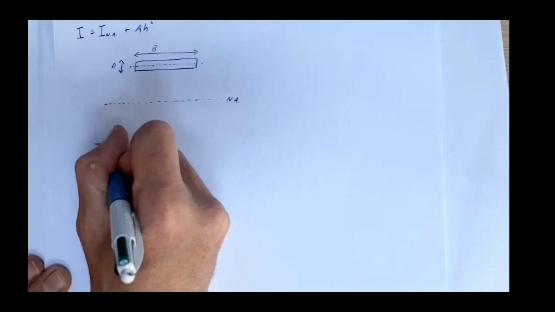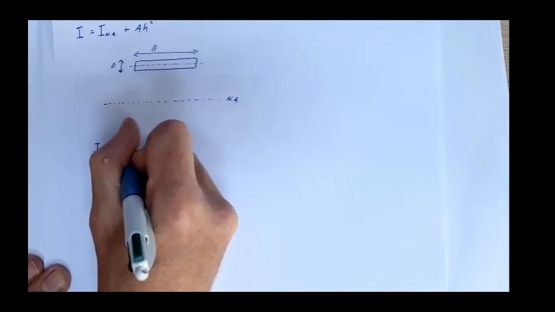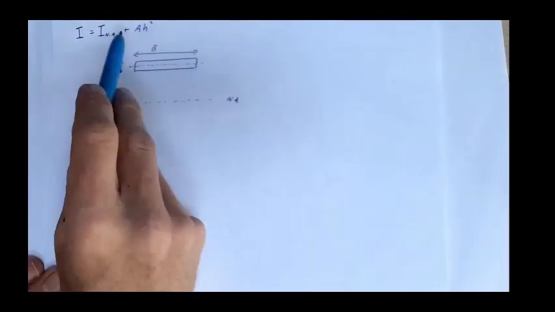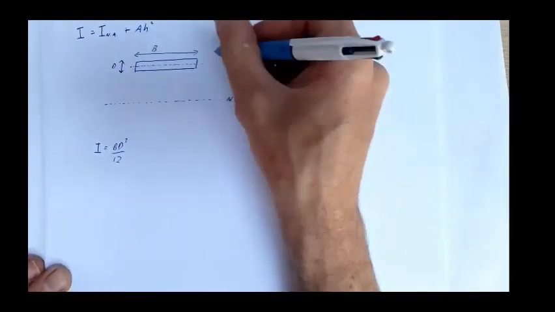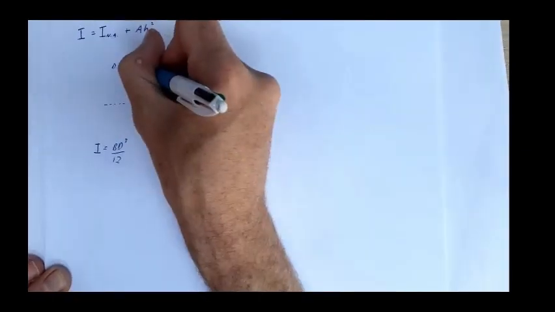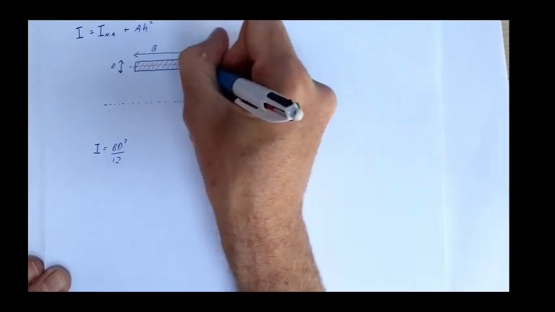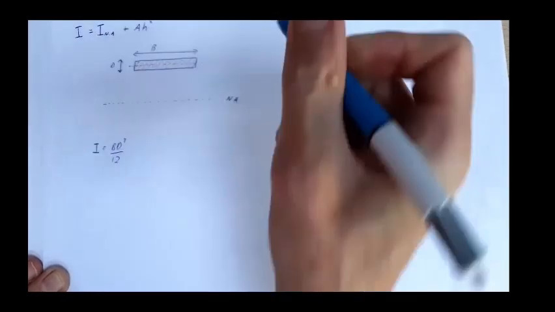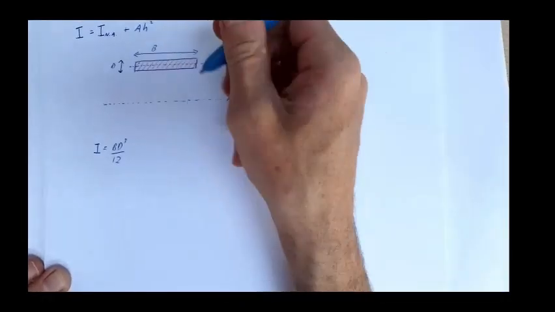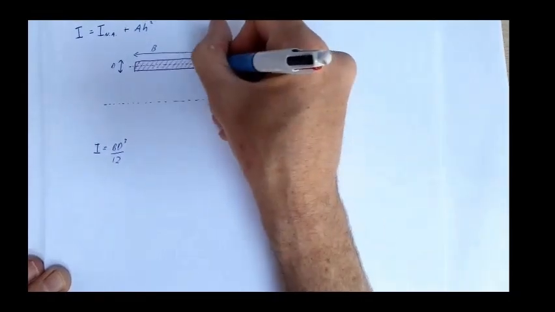So I equals BD cubed over 12 plus Ah squared, where A is my area. So that's the area of this shape. In this example, clearly that's B times D. And h, the height, is this offset, this distance here.